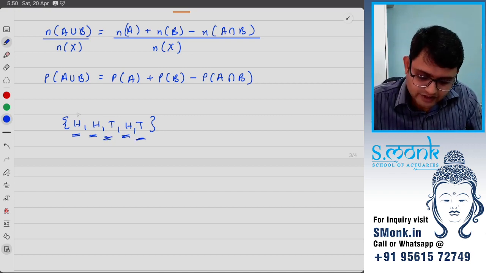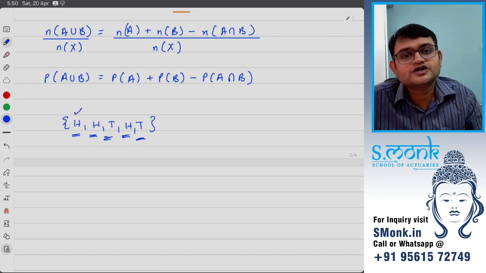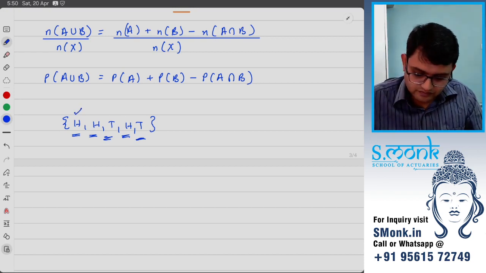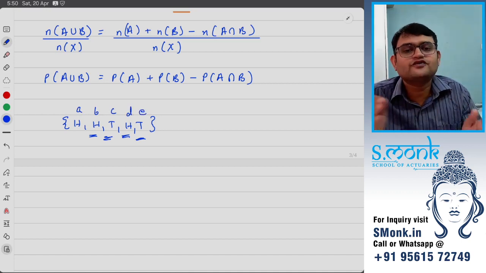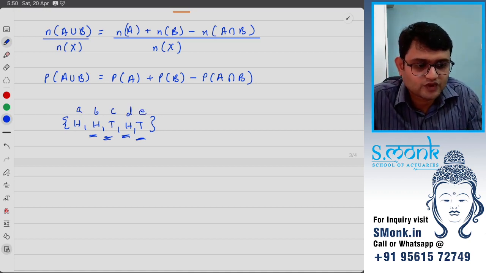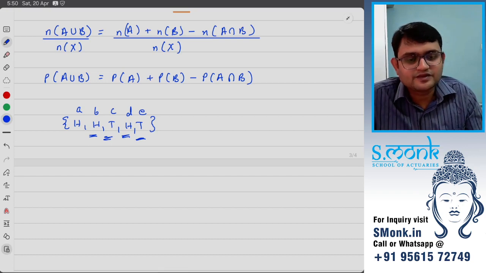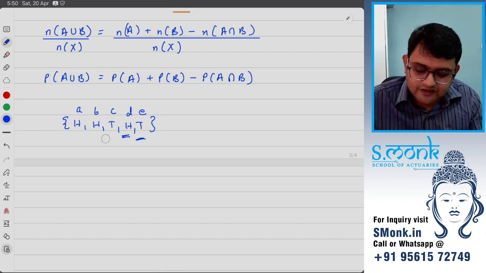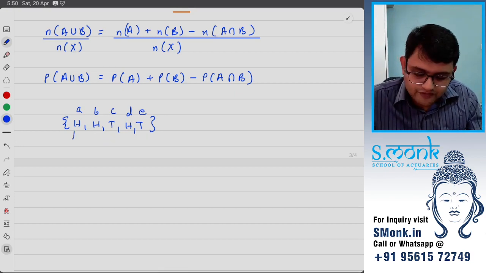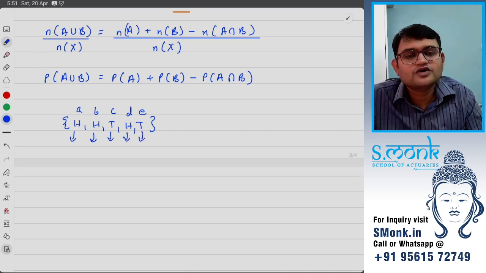But I would say this is the outcome of the first coin. I would represent this as A, B, C, D, and E. These are totally different answers. They mean the same, but when I'm representing them in sets, they are different outcomes. This is the outcome of the first coin, second coin, third coin, fourth coin, and fifth coin.